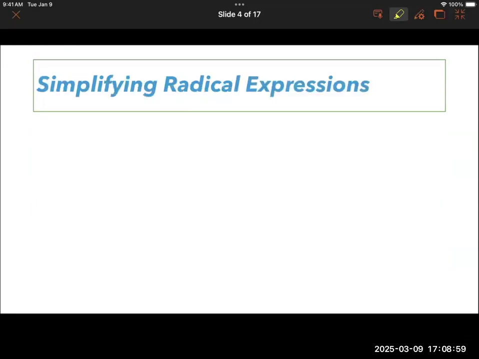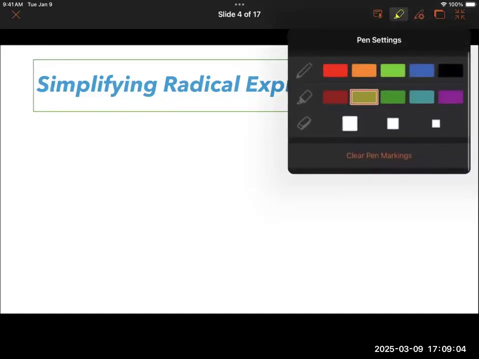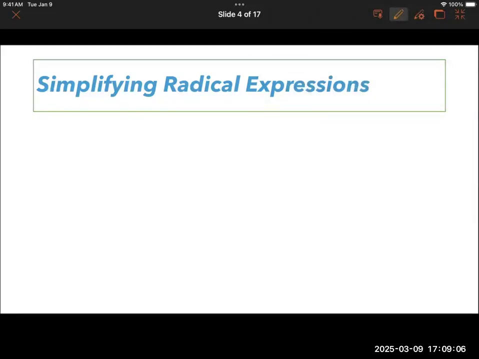All right, so let's actually look at a few examples for simplifying radical expressions using the information and the properties we just talked about. So if I ask you to write or simplify the square root of 98, what you want to think about are the factors in 98.